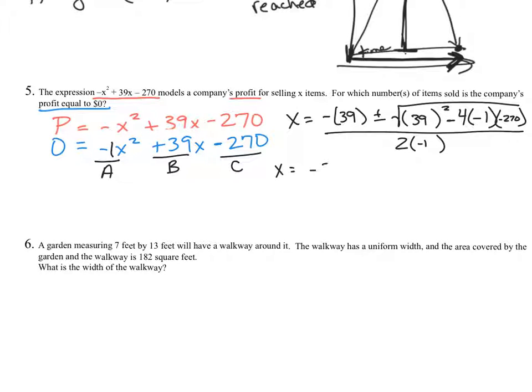So we have negative 39 plus or minus square root. So we have 39 squared is 1521. And we have negative 4 times negative 1 times negative 270. It's going to be a negative 1080 all over negative 2.